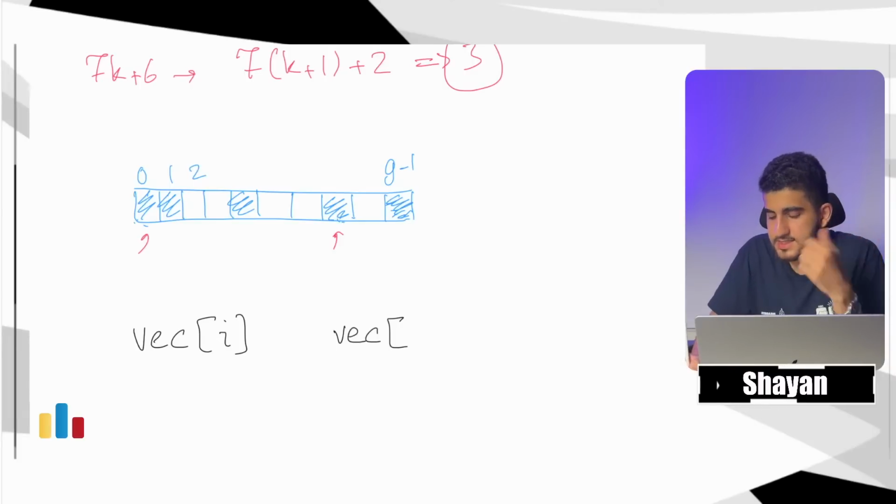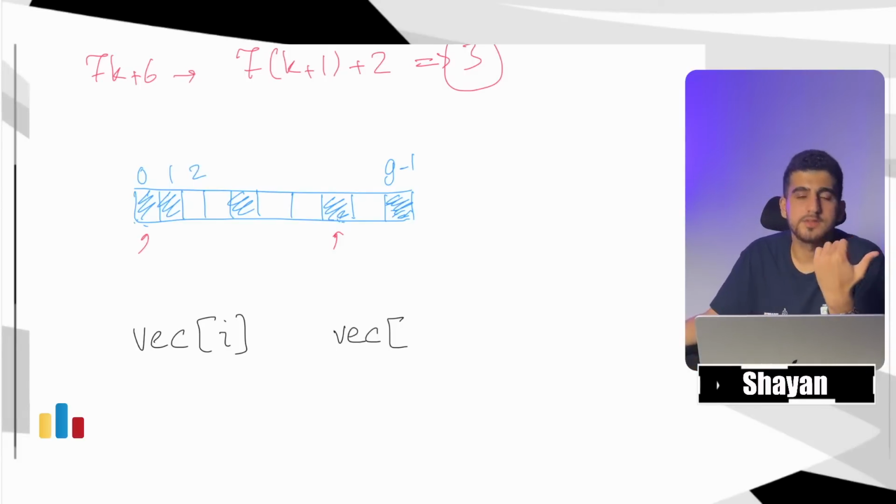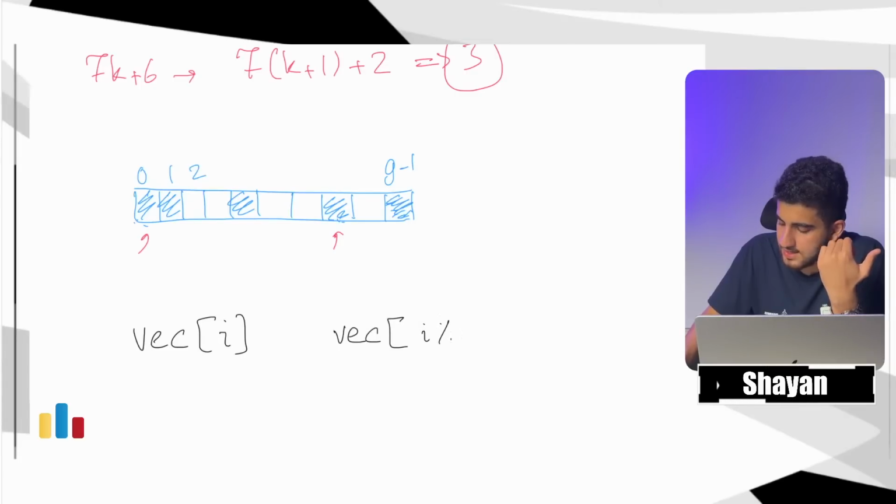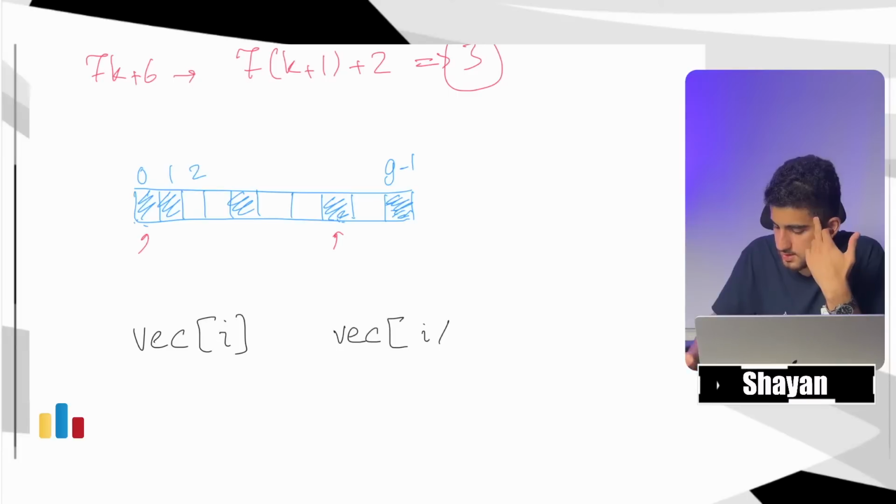And if i is 0, vec of n minus 1 is going to be your maximum. So we can say that i is always modulo n, and the index is i plus n minus 1 modulo n.